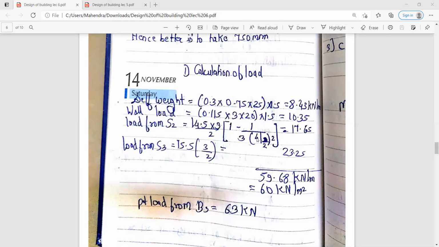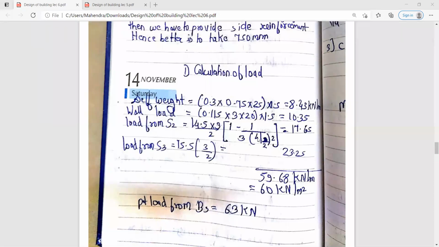What is the span of S2? 4 meter. So that's why we are going to consider it as 4 meter. So 4 by 2 square. So we get load from the S2 as 17.65. Now for S3, how much load did we get? See the slab design for the S3.